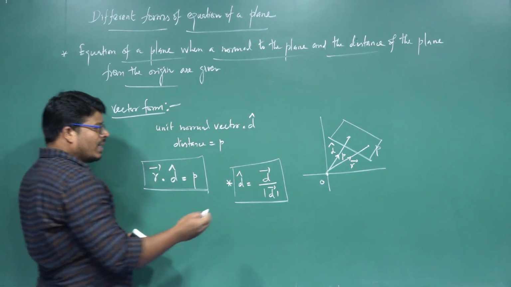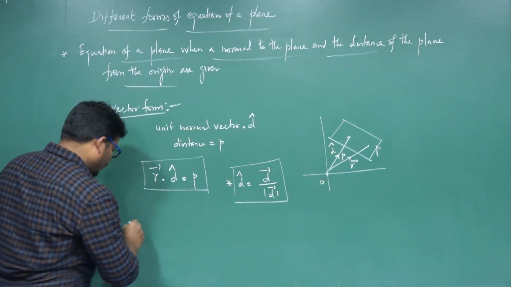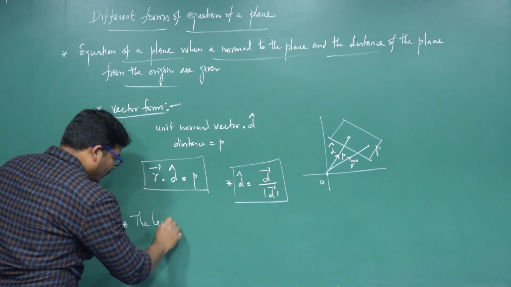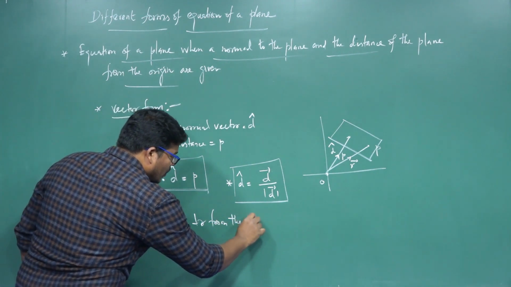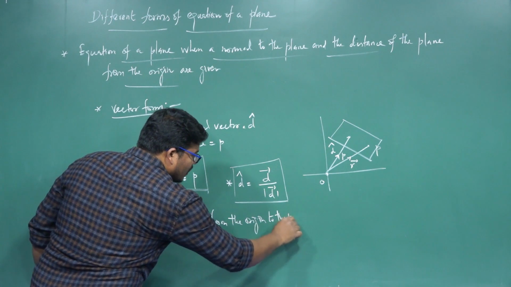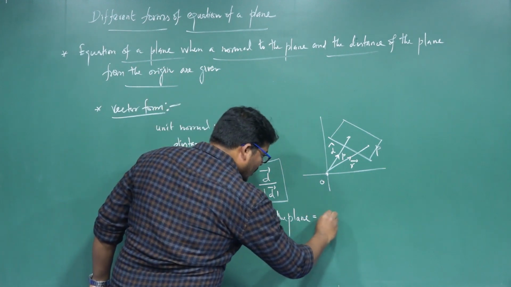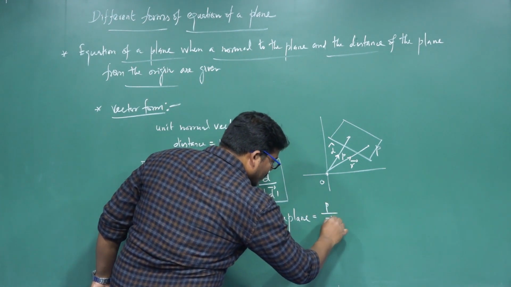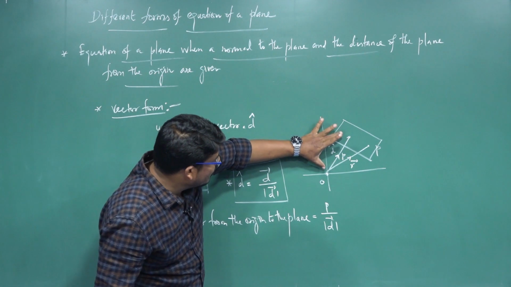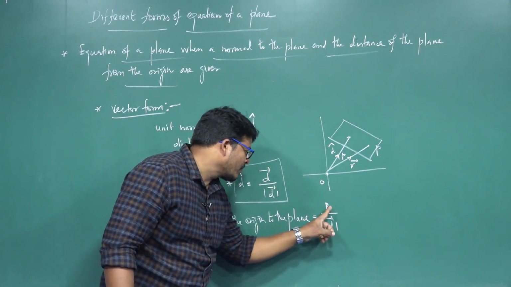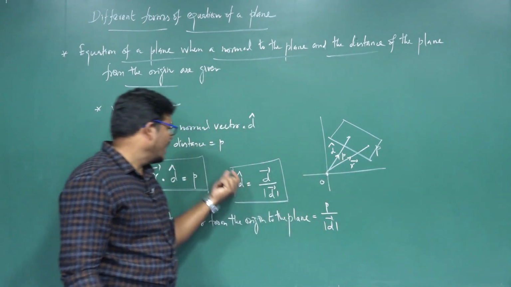The next one, the length of the perpendicular from the origin to the plane. Using the formula, the length of the perpendicular from the origin to the plane is equal to P by modulus of d vector, where P is the distance that is already given.